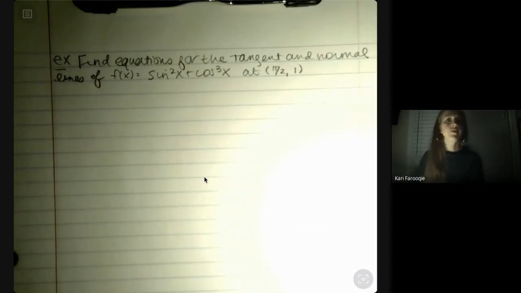Oh, sorry. There we go. Sine squared of x plus cosine cubed of x at pi over 2, 1.